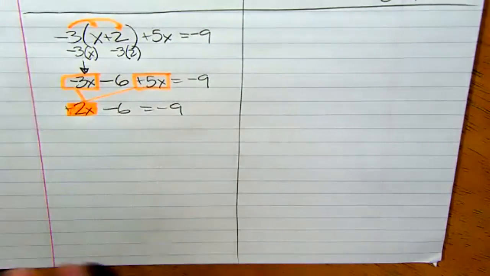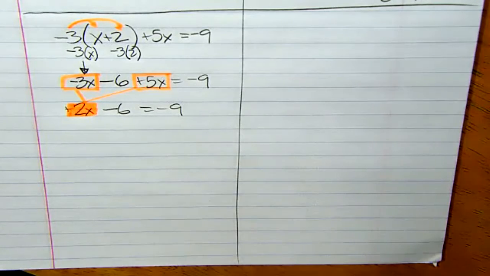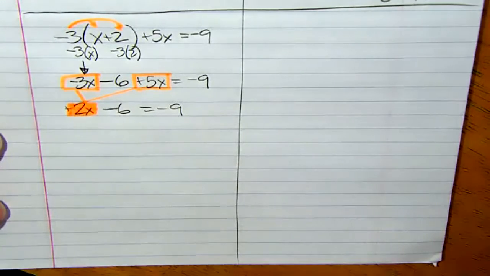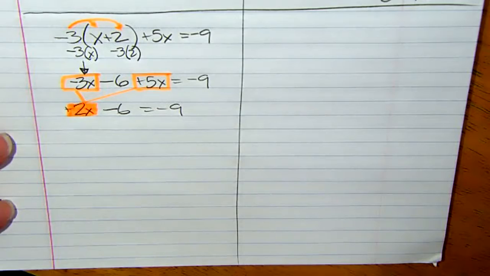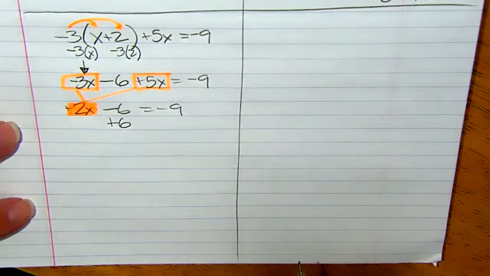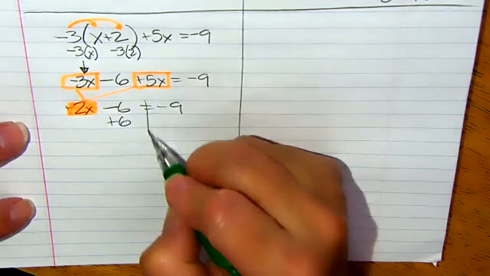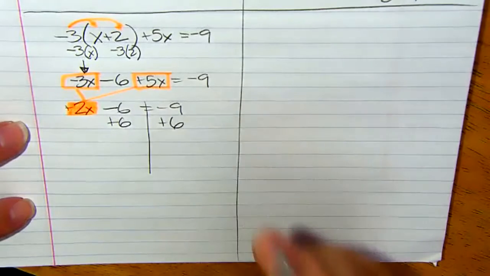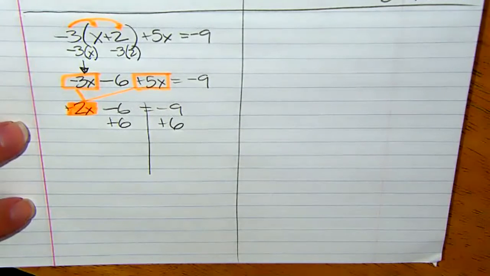Now I need to isolate the variable, but I need to undo this -6. So to do that, I'm going to add 6. And what I do to one side, I must do to the other.